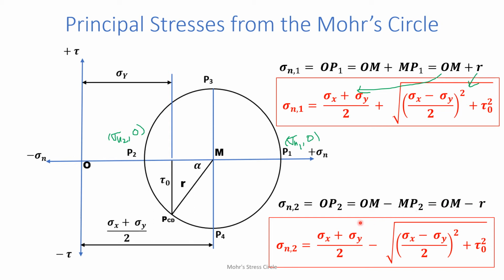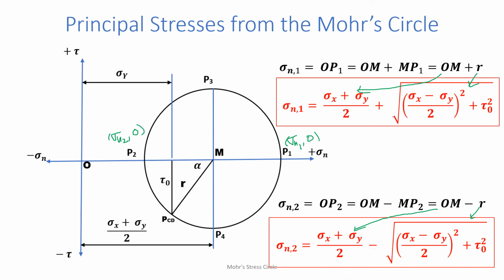Again substitute the value of OM as sigma x plus sigma y by 2, and substitute the radius. The relation will be the same, only here we will have a minus sign. If you remember, these two relations are the relations for the principal stresses. Once we take the positive sign to find the maximum direct stress or principal stress, and then we take the minus sign to find the minimum principal stress, and they are the same as for the analytical method.